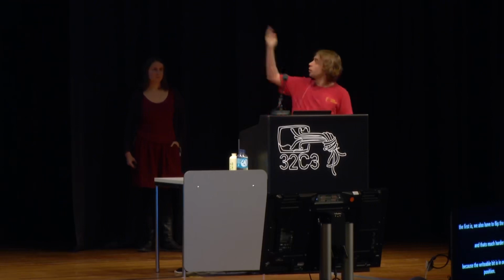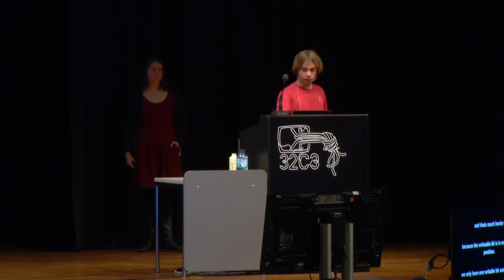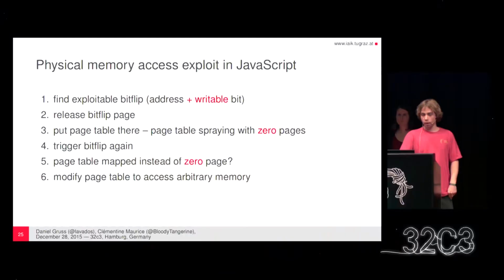And the other thing we change is that we use the 0 pages instead of the shared pages. I tried this on my machines, and it is possible to find such bit flips, but they are, of course, much rarer than regular single bit flips.